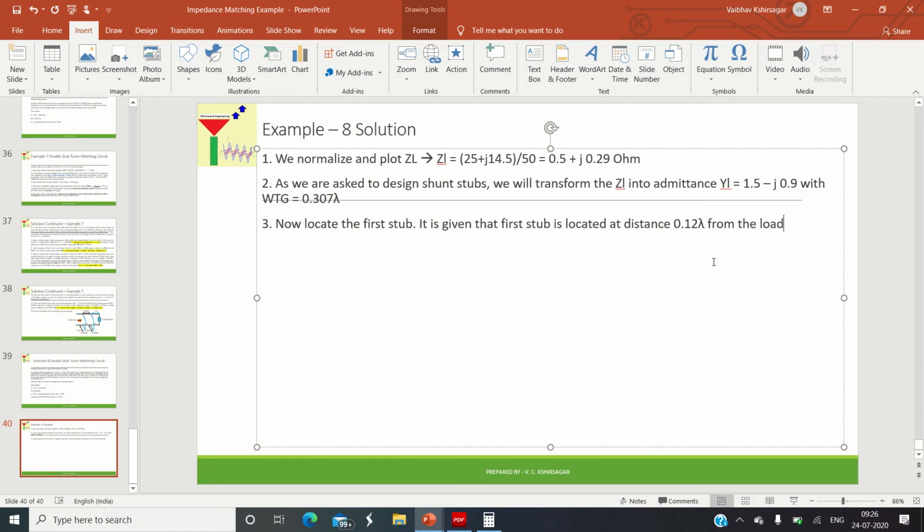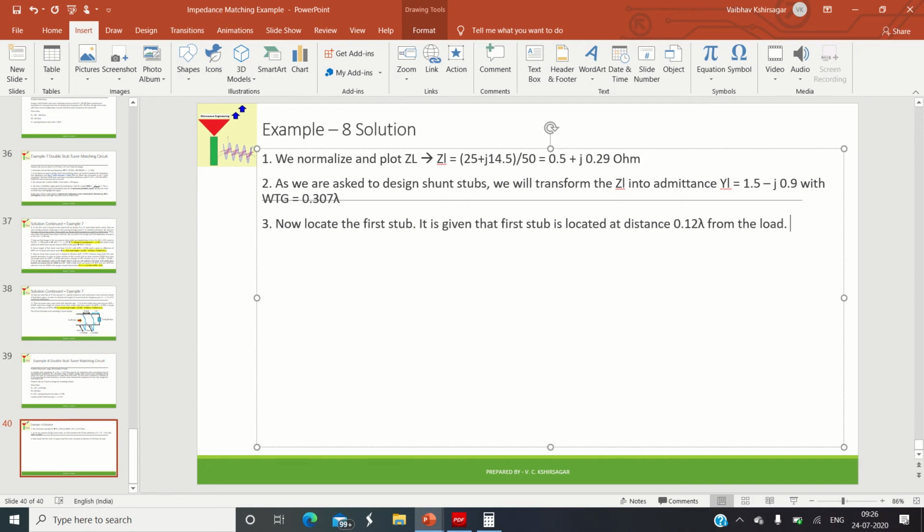At the load admittance we have the WTG reading 0.307, so the location of the first stub will be 0.12 lambda away from 0.307.